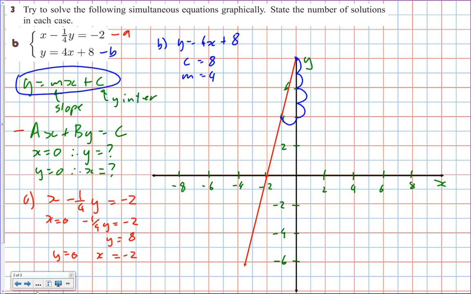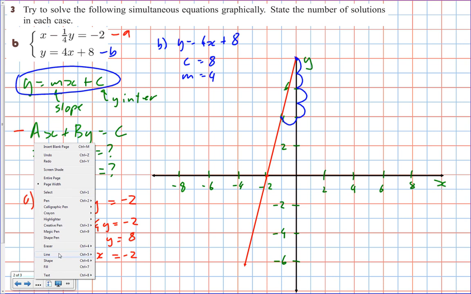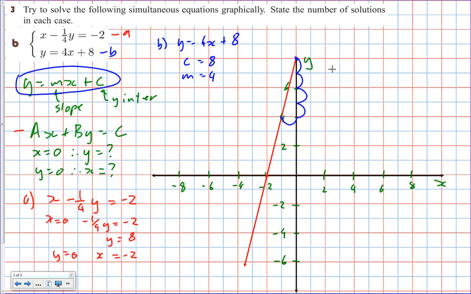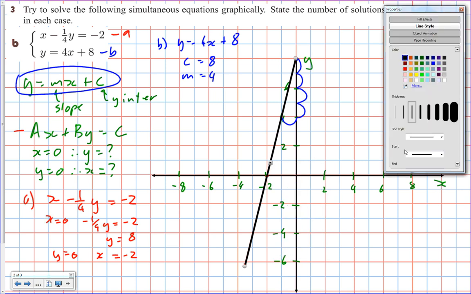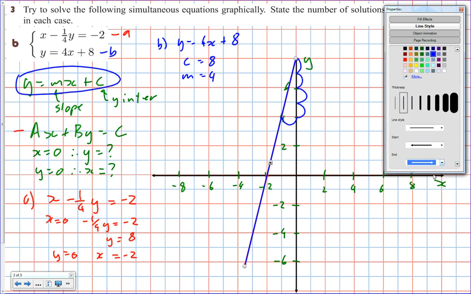So grab my line, start at that point, down like so. Again, do my properties, make it blue, make it thinner, start with an arrow, finish with an arrow. As you can see, it's on top of the red line, so I'm just going to make it a dash line so we can see the redness underneath.